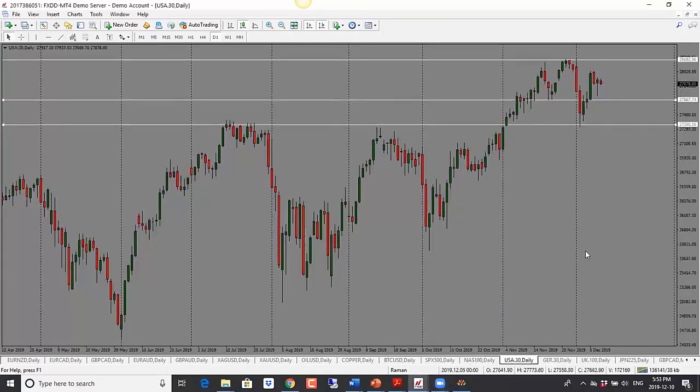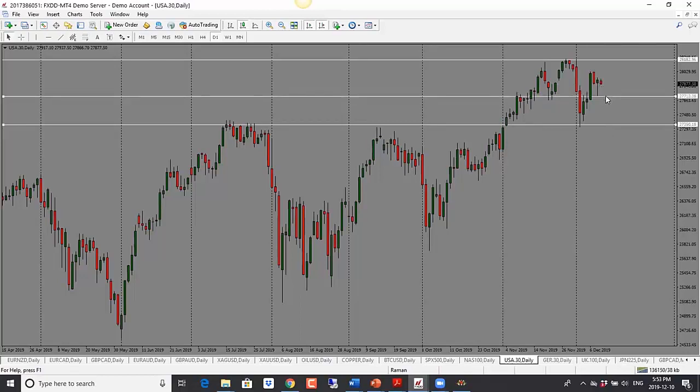Next one here, we have Dow Jones. This one is also making a lower high. So the candle close today does seem a little bit bullish. However, I am looking for a retest of the low of the day towards 27,700. And if it holds above, we could see a move higher.